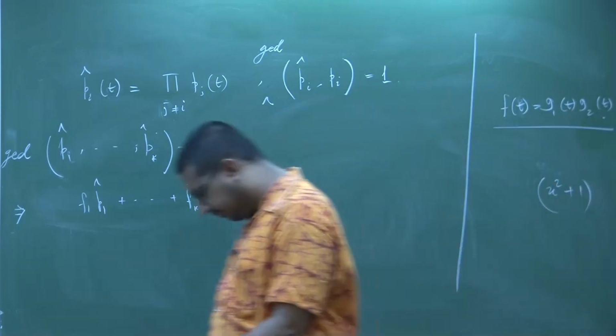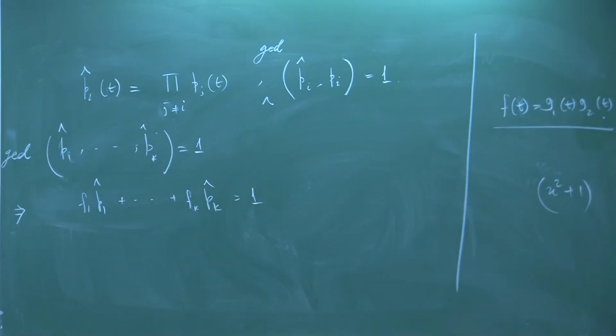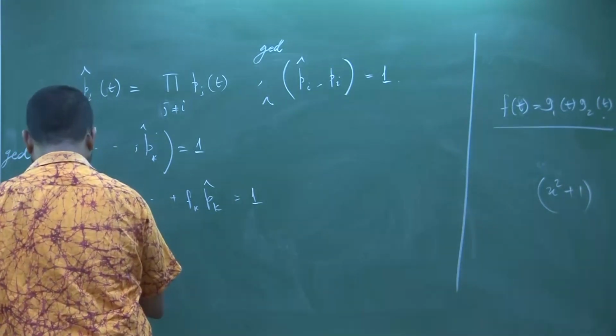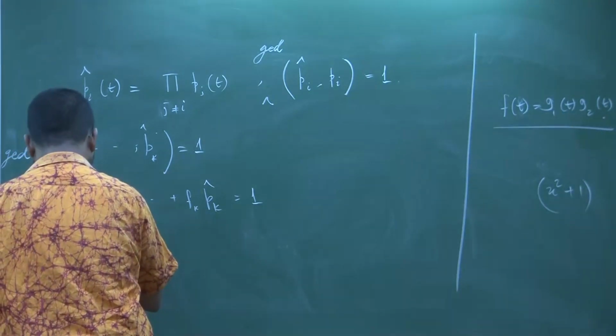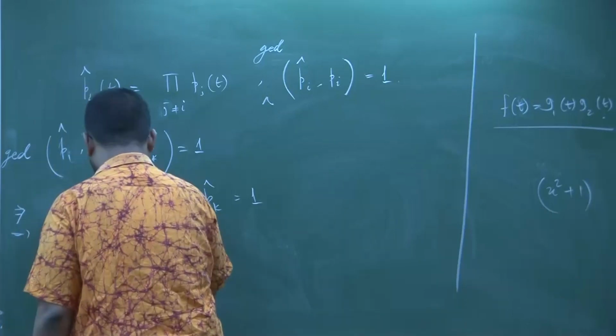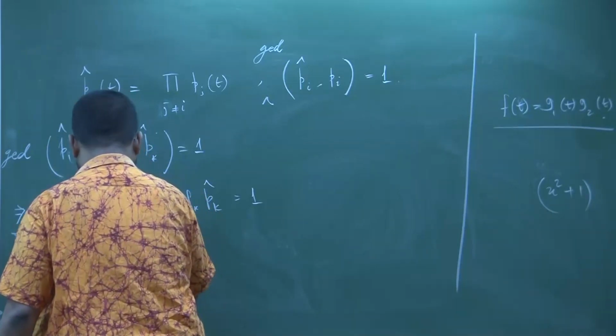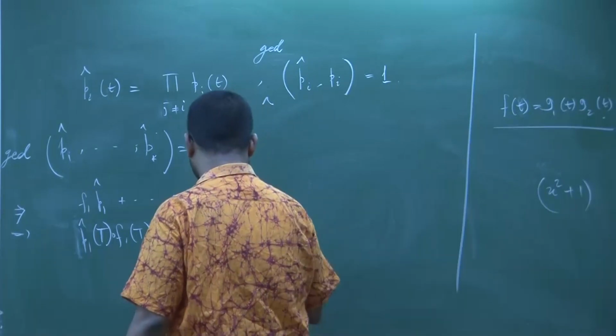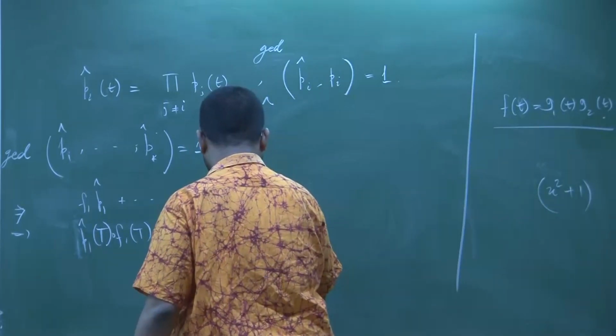Because the GCD is 1, it can be written as a combination, and that shows that P1(T), F1(T), these are compositions, plus ... plus Pk(T).